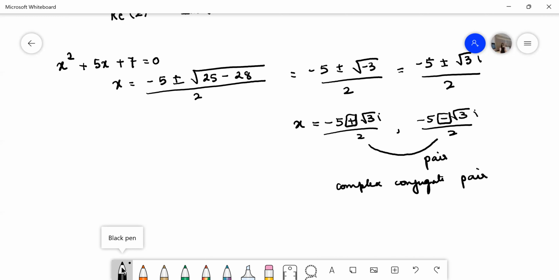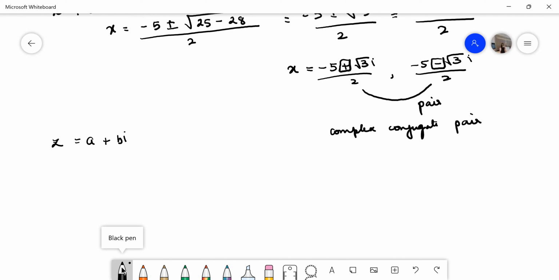So if I have a complex number Z, which is a plus bi, then Z has a complex conjugate, written as Z with an asterisk, and that complex conjugate is a minus bi. These are known as the complex conjugates.